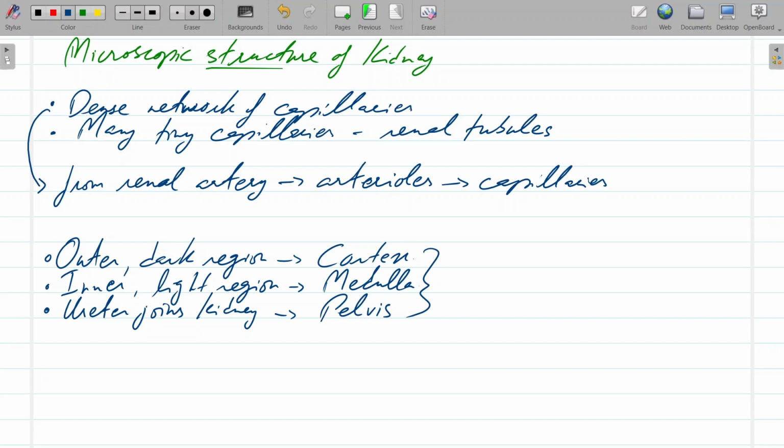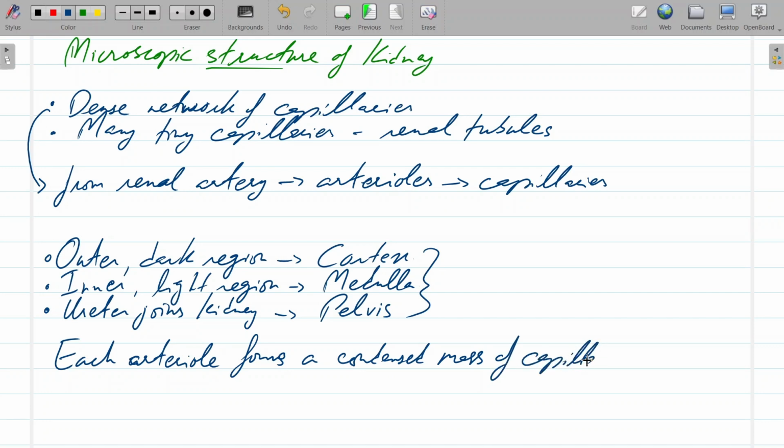So as for the blood supply, what happens is each arteriole, so that's a smaller artery, forms a sort of condensed network, condensed mass of capillaries, let's say, and that is termed the glomerulus, right?